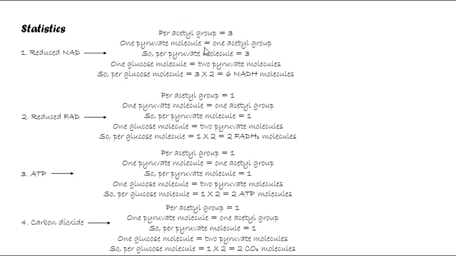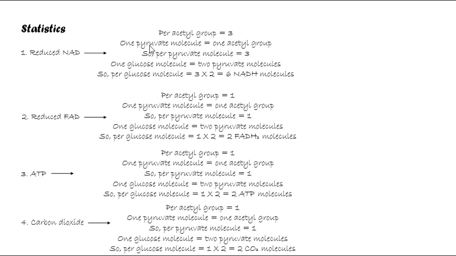Now, using your knowledge from the link reaction, you should know that one pyruvate molecule is converted to one acetyl group during the link reaction. Therefore, since one pyruvate molecule gives one acetyl group, the number of reduced NAD molecules produced per acetyl group and per pyruvate molecule should be the same. And therefore, per pyruvate molecule, 3 reduced NAD molecules are formed.